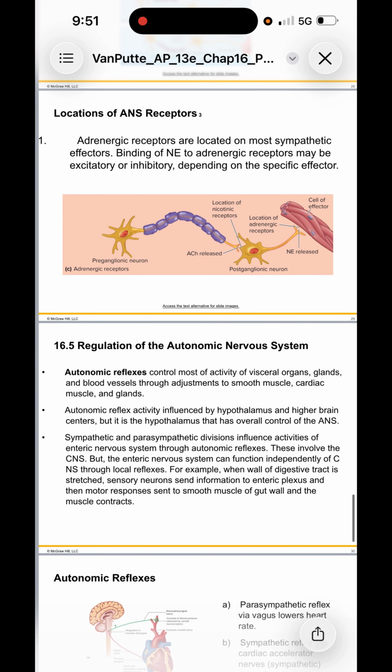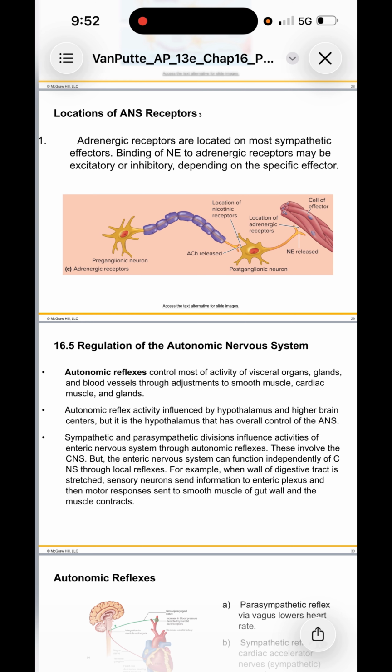Locations of ANS receptors. 1. Adrenergic receptors are located on most sympathetic effectors. Binding of NE to adrenergic receptors may be excitatory or inhibitory, depending on the specific effector. Preganglionic neuron.